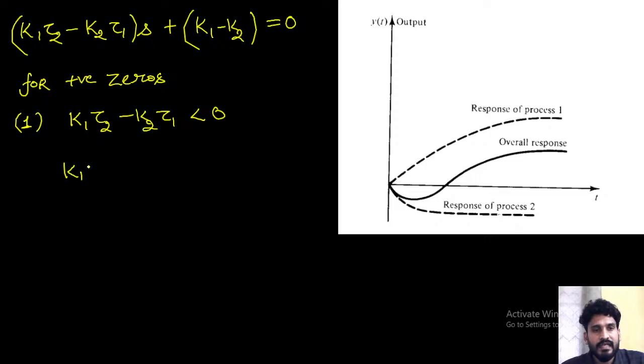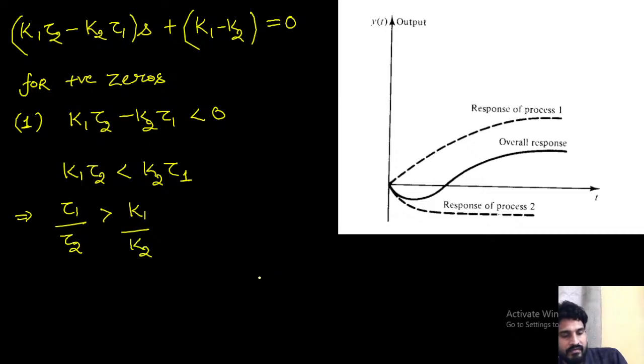So what is it? It is k1 tau 2 is less than k2 tau 1, or we can say that tau 1 divided by tau 2 is greater than k1 divided by k2. Okay, it is clear. So this is my first condition.